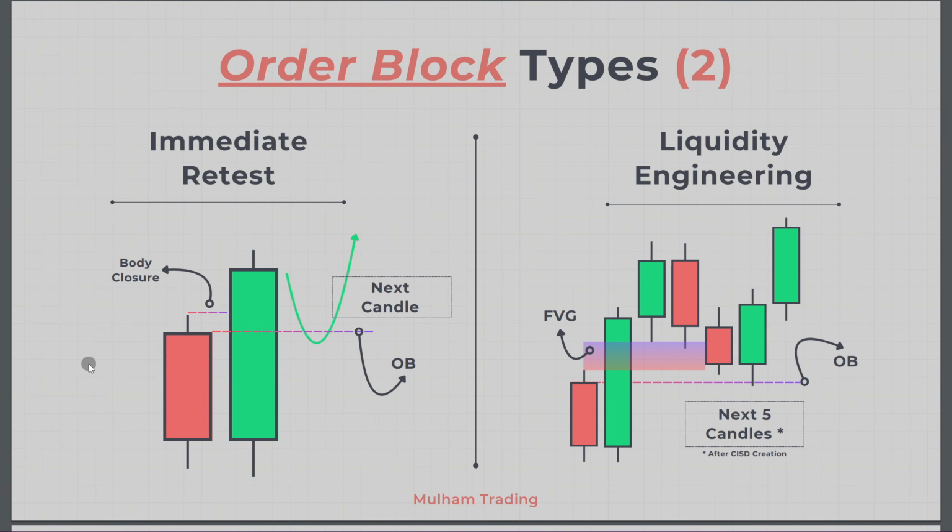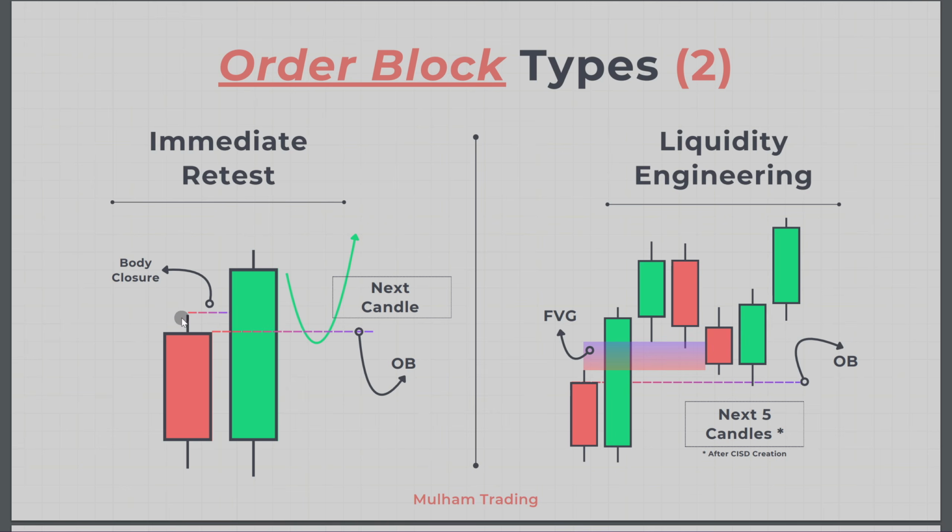And they always complain about when they enter, the price is ranging, because what they do, they enter after the displacement has happened, after the displacement is finished. However, we want to be part of the displacement. How is that? It's going to be by taking this risky entry, which is the immediate retest. We want to be part of the displacement and not participate in the market after the displacement is done.